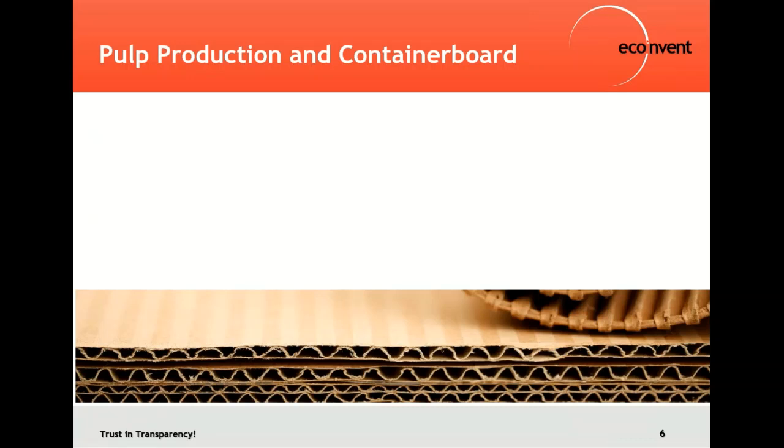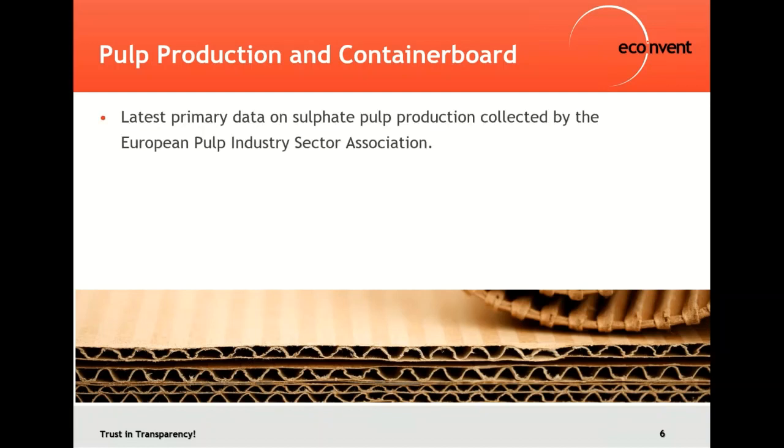The pulp production and containerboard sector has also benefited from improvements in the 3.5 version. So the pulp sector is now represented with the latest primary data on sulfate pulp production, data collected by the European Pulp Industry Sector Association, from data from 2015.